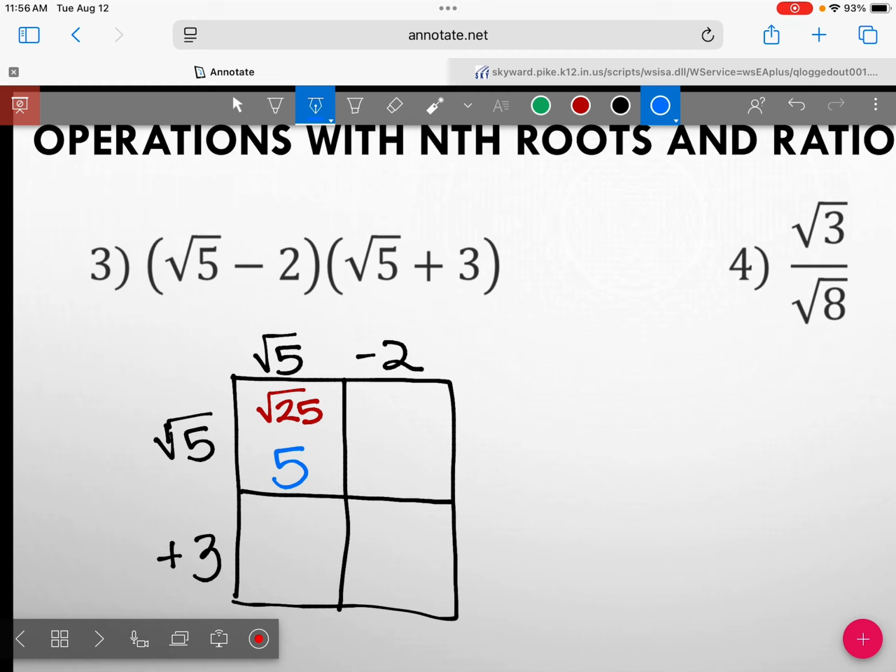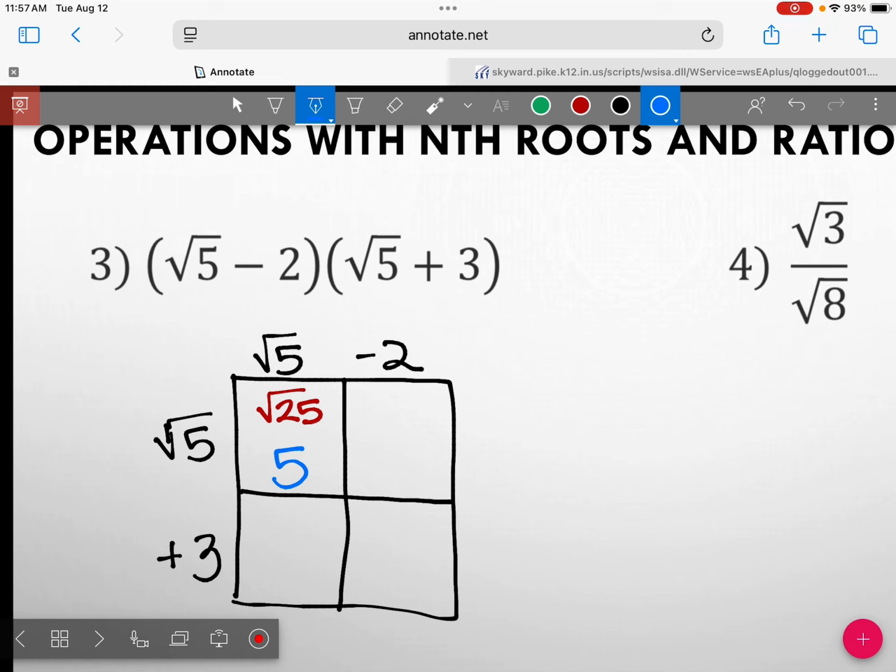Yes. One more time. Yeah, you could if I understand your question correctly. Are you asking if it were just a root 5 instead of a root 5 minus 2?